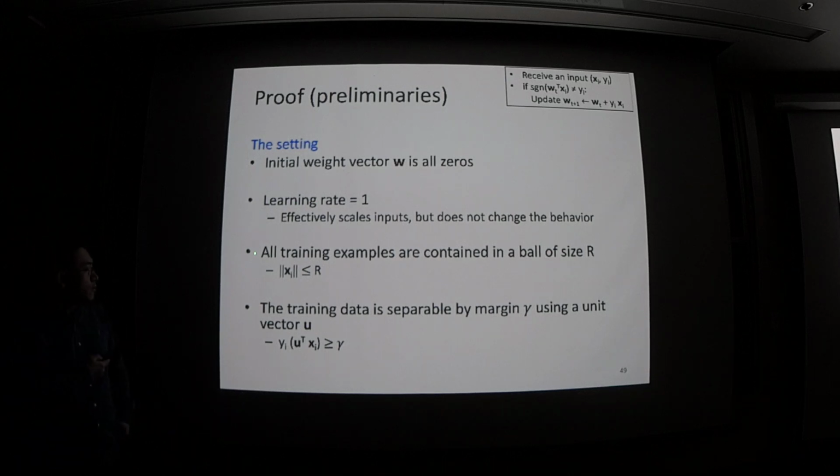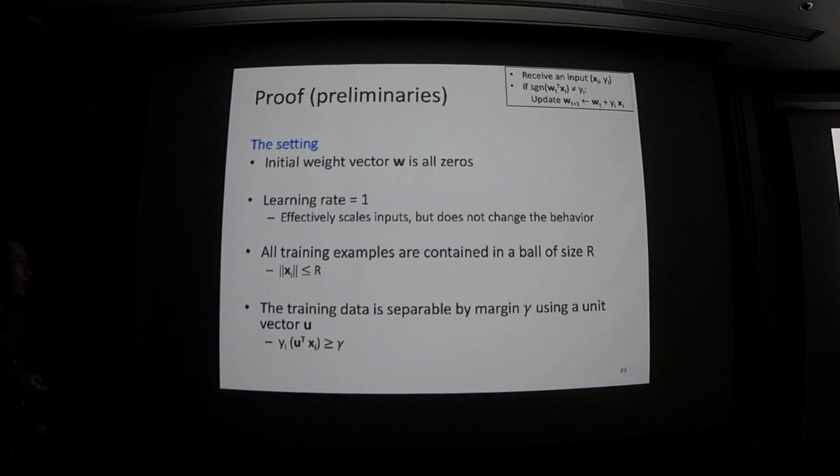And two preconditions. First, all training examples are contained in a ball of size R. That's a more intuitive description of the upper bound of the norm. You can imagine in an n-dimensional space, the norm of the input vector indicates its length. So the length of each input vector in the training set should be no more than R. You can imagine a big ball that contains all the training examples in your data set.